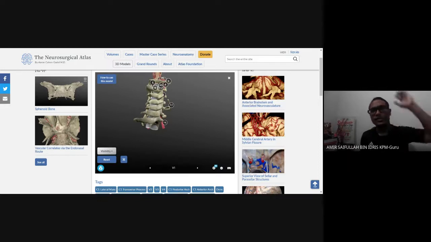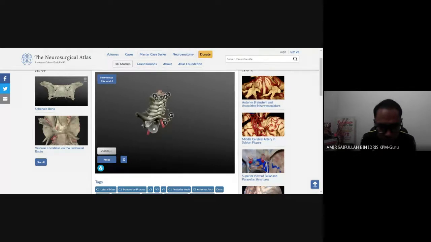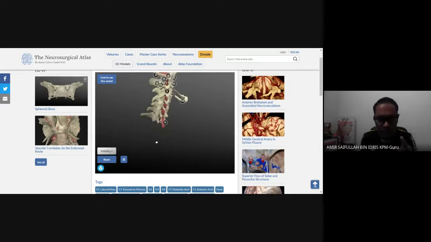Kita ada cervical, thoracic, lumbar. Yang lumbar punya centrum sangat besar. Sebab dia nak support tulang-tulang yang dekat atas. Sebab tu dekat bahagian bawah dia kena paling besar. The size is very big. Okay, are you guys clear so far?